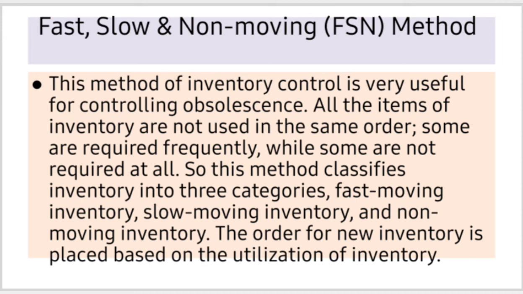For example, in automobile production, the items will be used in different quantities. Some of them are required very frequently and some are not required on a frequent basis. So this method classifies the inventories into three categories, that is fast moving, slow moving and non moving inventory, and based upon the categorization, the new orders of the inventory are made.